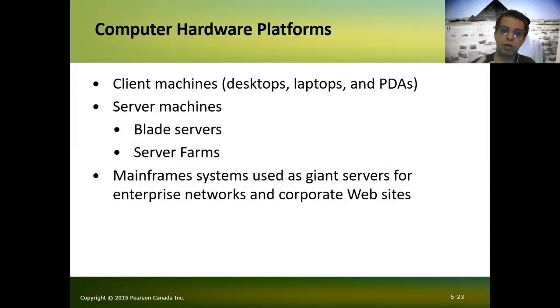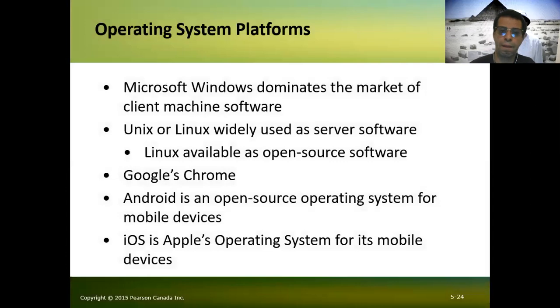And eventually you have what you call the mainframe system, used as a giant server for enterprise networks and corporate websites, like the IBM mainframe, like Tandem, the first example I spoke about. And we have what you call the operating system platform, where Microsoft Windows dominates the market of client machine software.